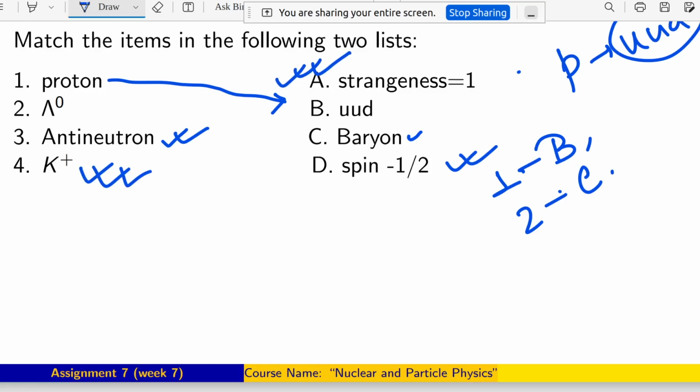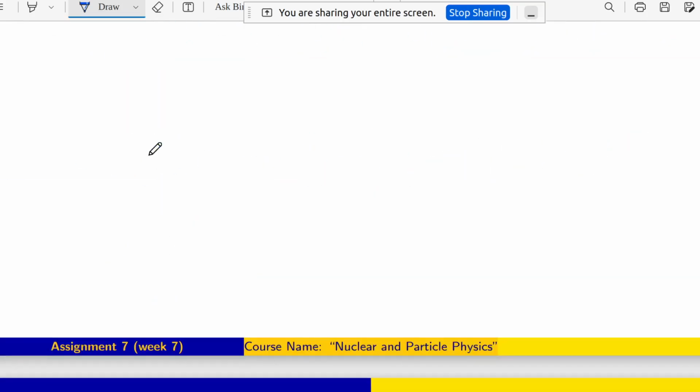But how can I tell these things? If we don't know about any of these, then there will be some more possibilities, right? So K plus has strangeness 1 or not, we have to check that.